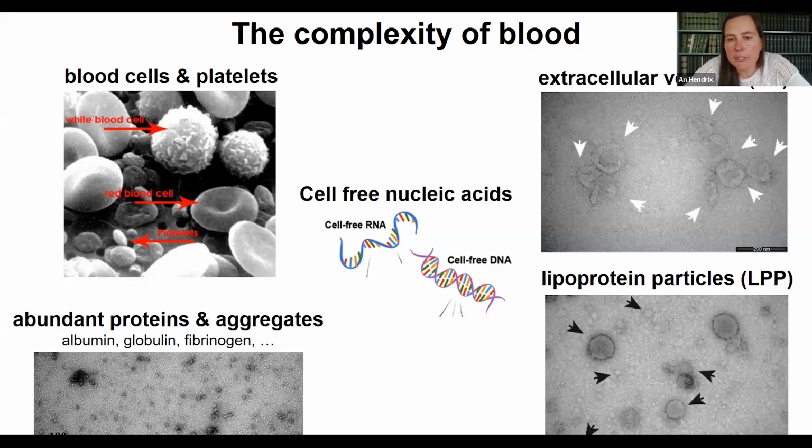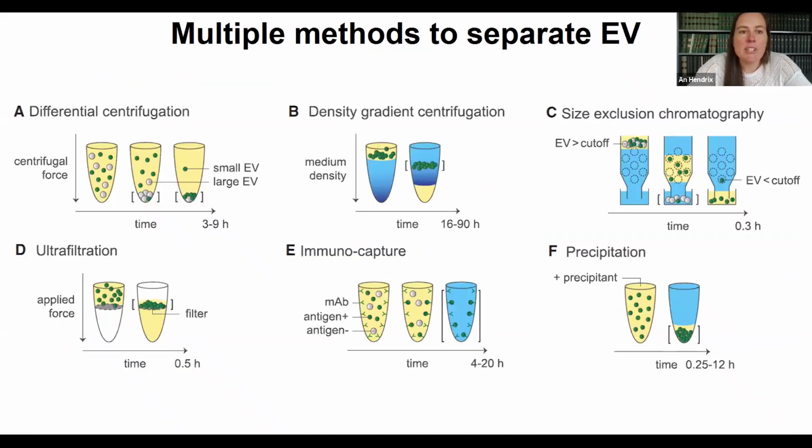If you want to study the biology, function, and composition of extracellular vesicles in blood, we need to be able to capture them out of this complex mixture. And this is mostly hampered by proteins and lipoprotein particles that share biophysical characteristics with extracellular vesicles, such as size and density.